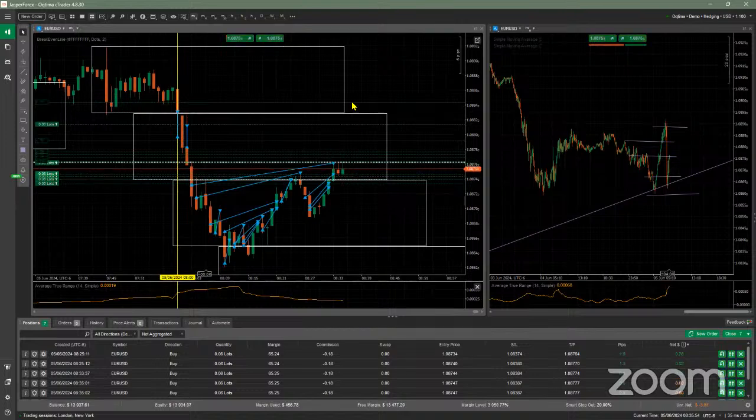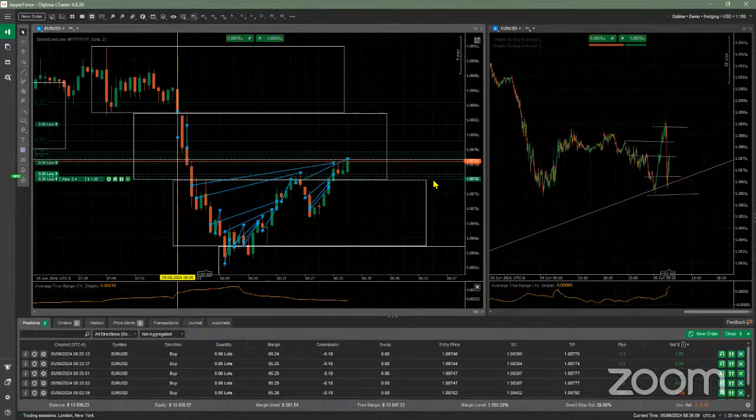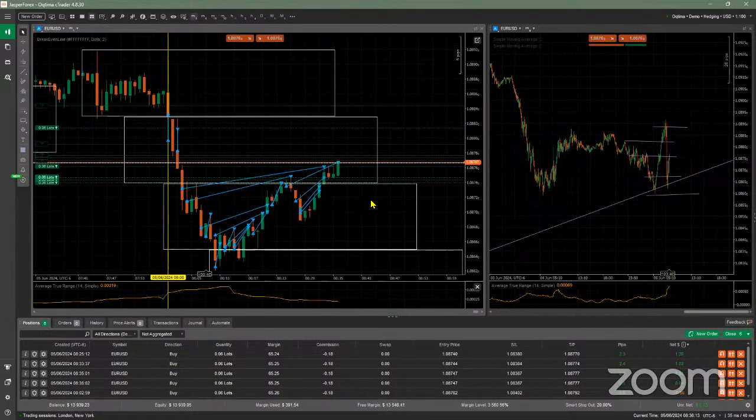We're just looking to make a slightly higher high right here. One extra pip would close 3 or 4 trades here. It would be awesome. There we go. There's one. We're going up the ladder.